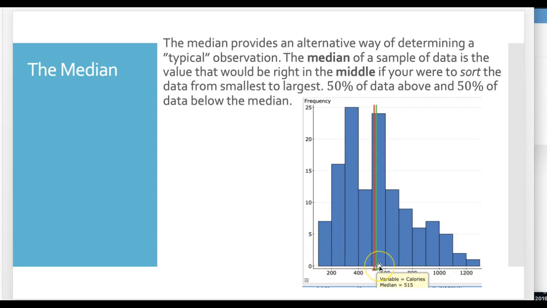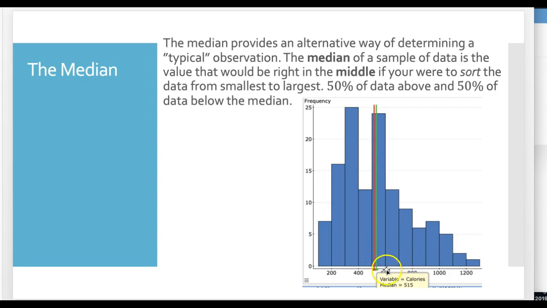And so what's in green is the mean, the average calorie amount. And if you look at this distribution here, it does appear to be skewed to the right. It's kind of stretched out thin to the right here. And here in green we have the mean, and in red we have the median. So right away you can see here that the mean is definitely being pulled in that direction towards the skew, whereas the median is more likely to stay put.